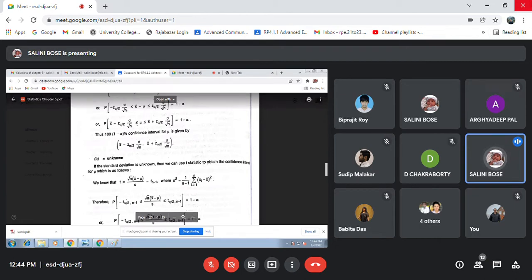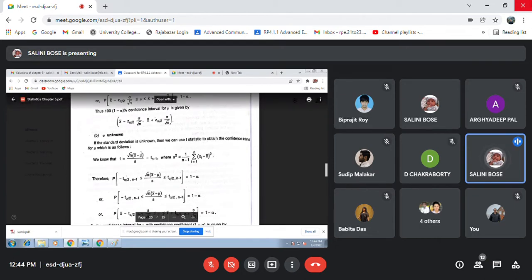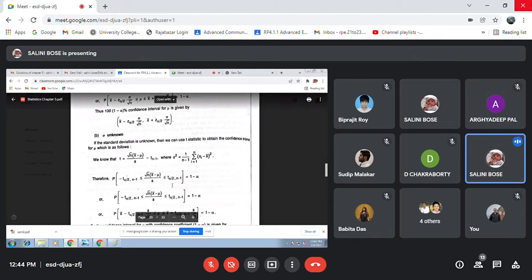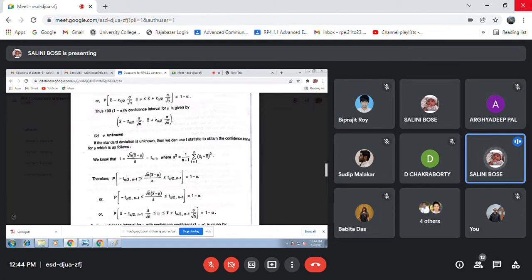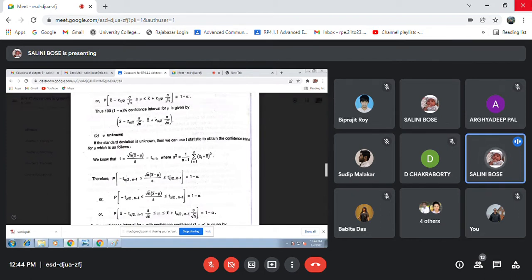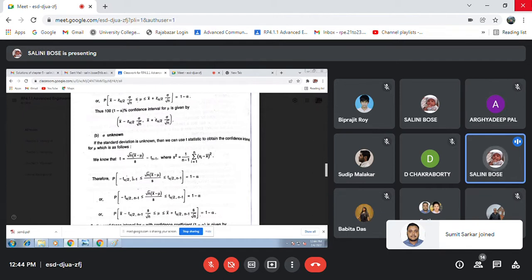And you know this is the formula of T. So we can say T lies in between minus T alpha by 2, n minus 1 to T alpha by 2, n minus 1. For the T distribution, the two limits are minus alpha by 2 to plus alpha by 2, and they have n minus 1 degrees of freedom.